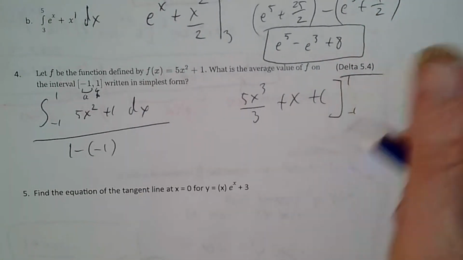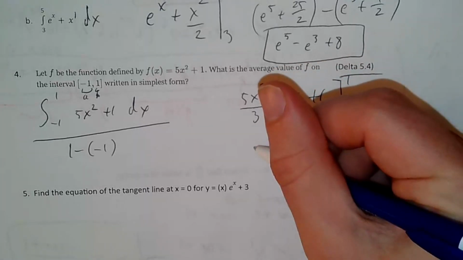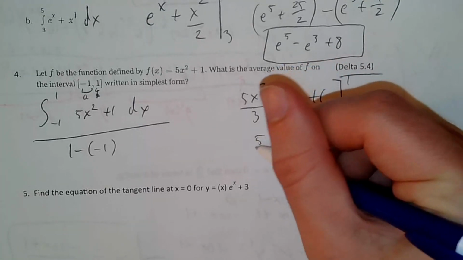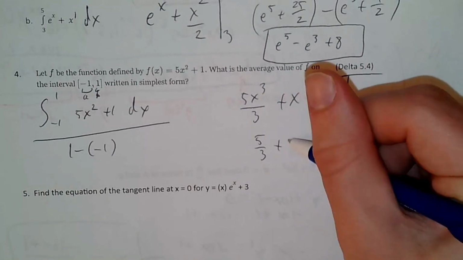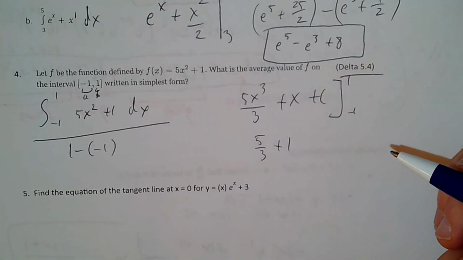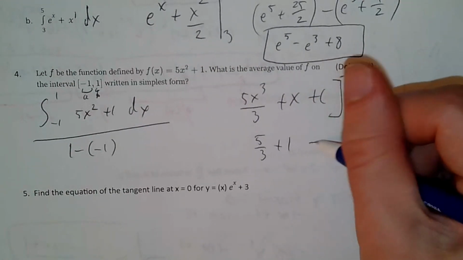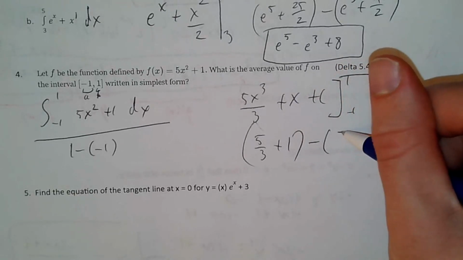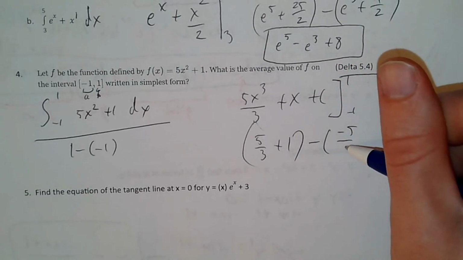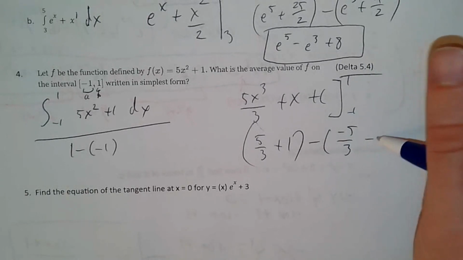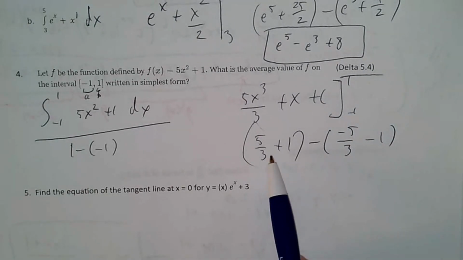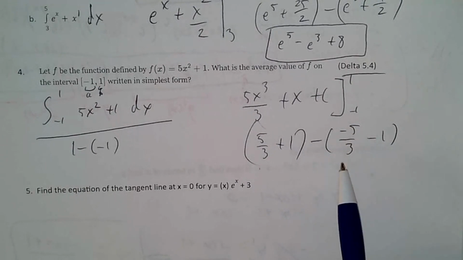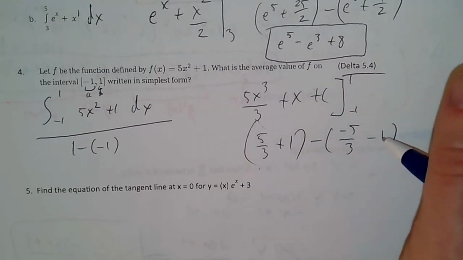So we'll do 1 minus -1, which is going to be 5 over 3 plus 1 minus, put a -1 in, -5 over 3 minus 1. So what this comes out to is 5/3 minus -5/3. That's plus 5/3. So we have 10/3. And then 1 minus -1 is 2.